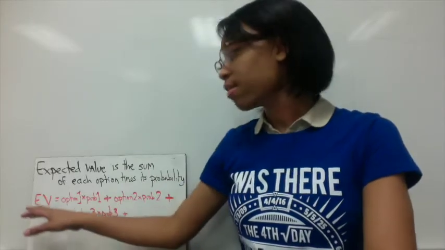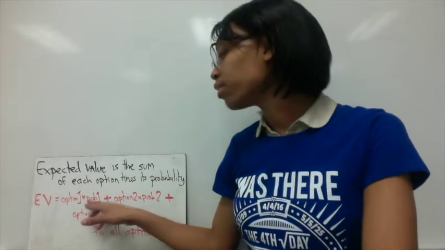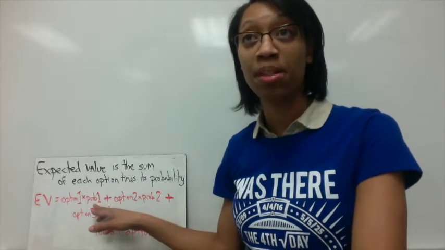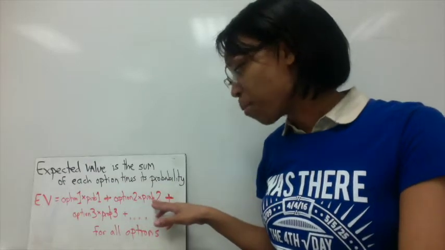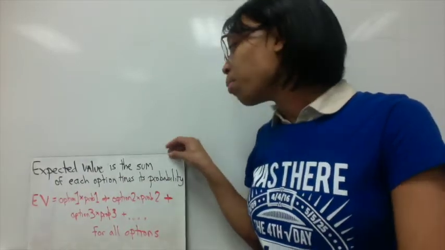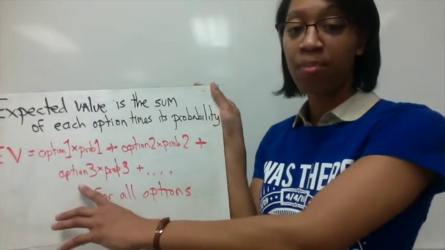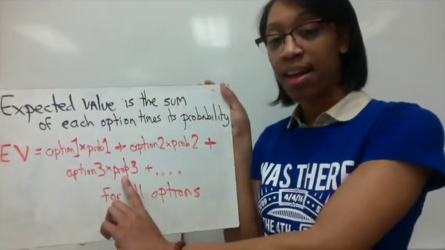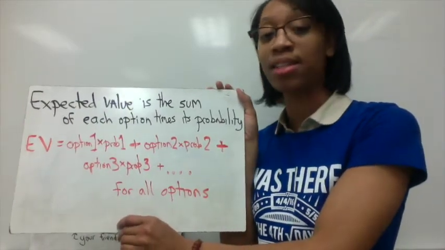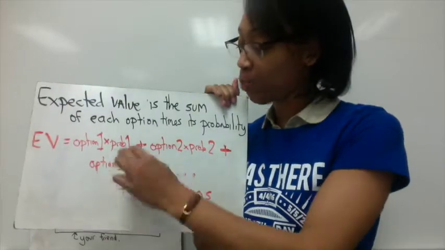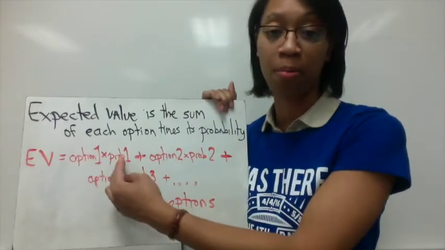So the expected value is whatever option 1 is, times the probability that option 1 happens, plus whatever option 2 is, times the probability that it happens, plus option 3 times its probability, and we do that on and on for all the options.